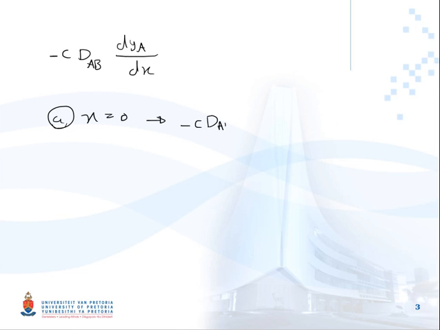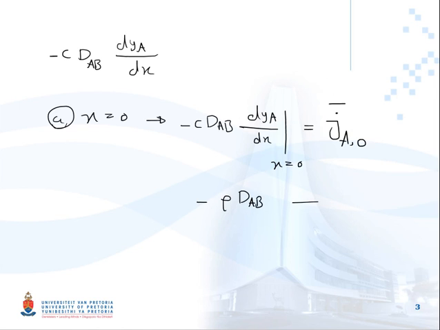See, dB dyA is equal to a constant. Why? Because we say that it's specified, at x equal to 0. Or we can also write it like this: DAB dWA/dx at x equal to 0 is equal to a specified value.